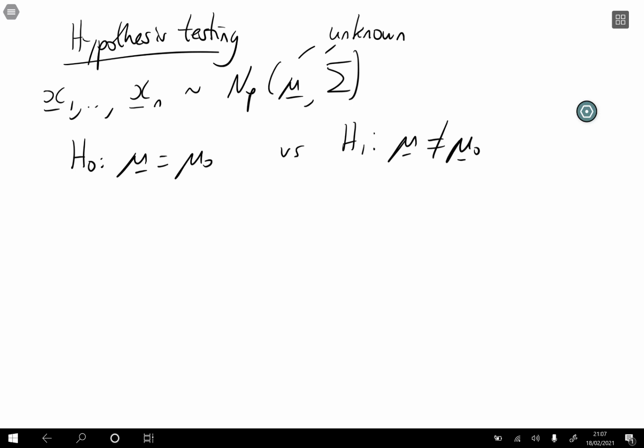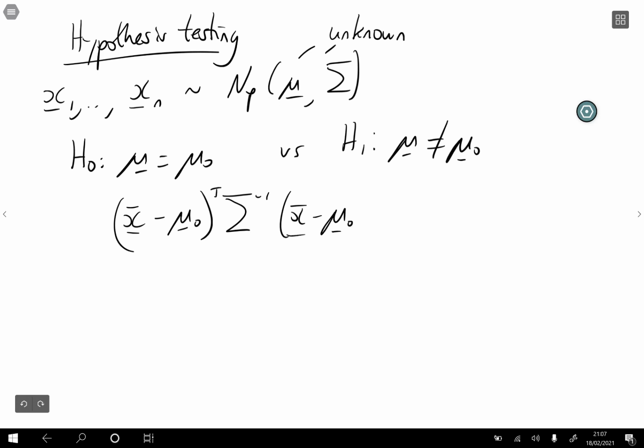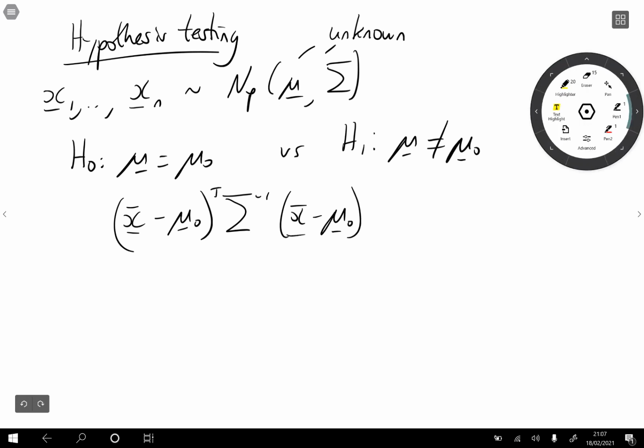Now before, when we formed our test statistic, we looked at x bar minus mu naught, transpose, sigma inverse, x bar minus mu naught. But we don't know sigma here.